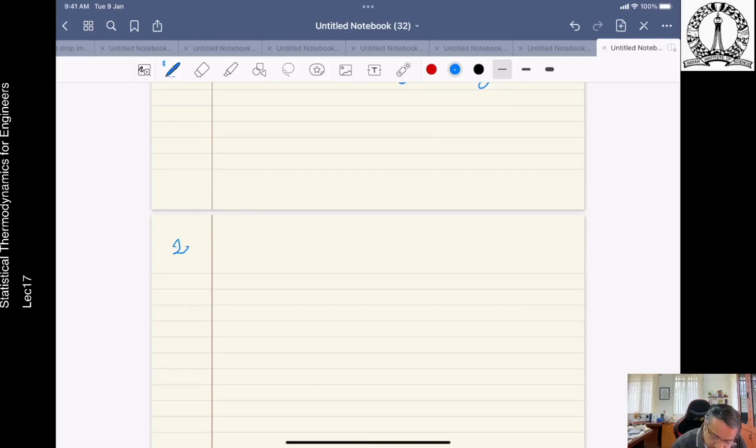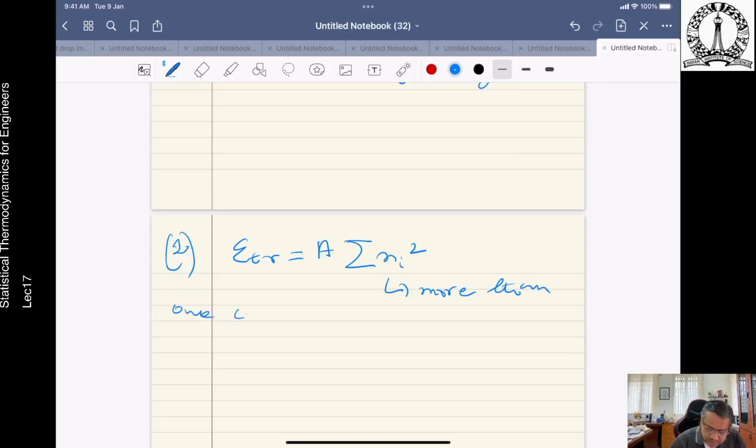The second part, most important, is that E_TR, if we write it properly, is A times the sum of n_i squared. So you can see more than one combination of 3 quantum numbers yields the same total energy.